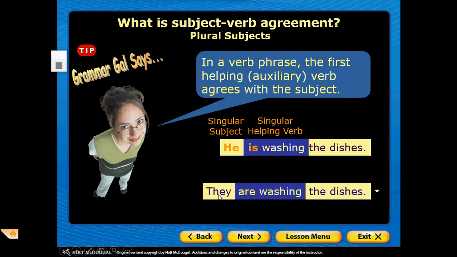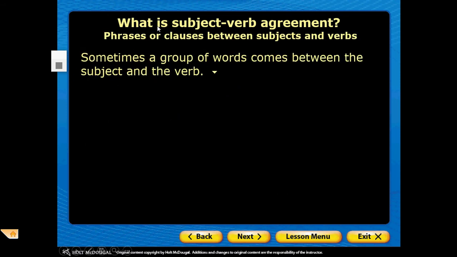They are washing the dishes. So when it's plural, we have to say are. We've got a plural subject, more than one, they, and a plural helping verb, are. Great. So let's move on.